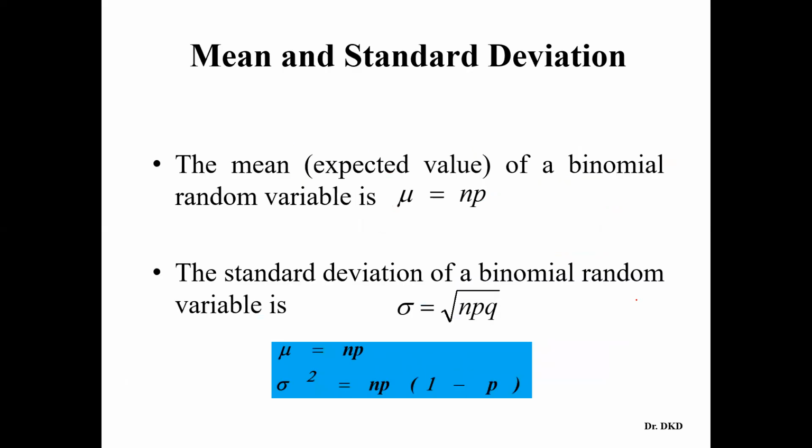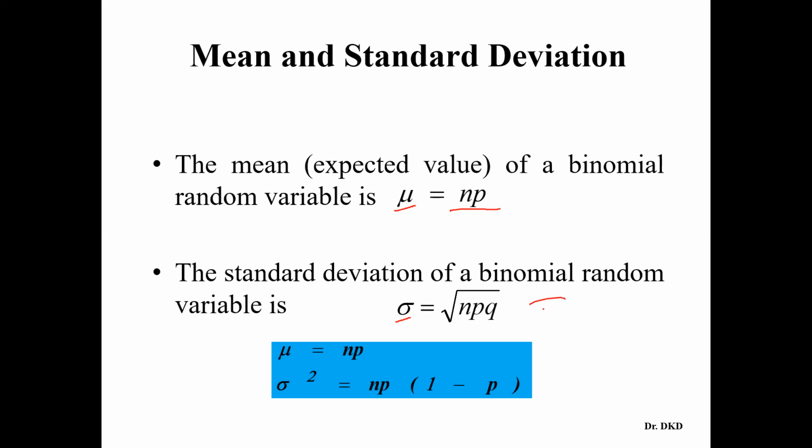Now, one of the important points in binomial distributions is the mean. What is the mean of the binomial distribution? The mean, denoted by mu, is equal to np, the number of trials multiplied by the probability of success. The standard deviation of the binomial distribution, denoted by sigma, is equal to the square root of npq.